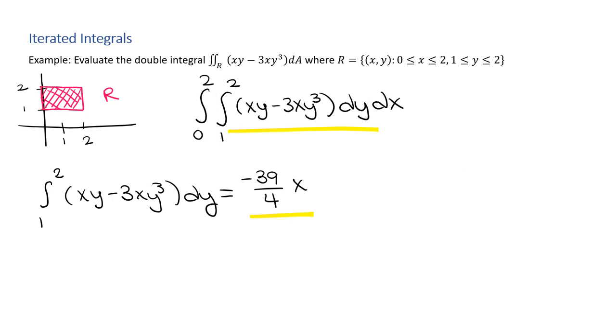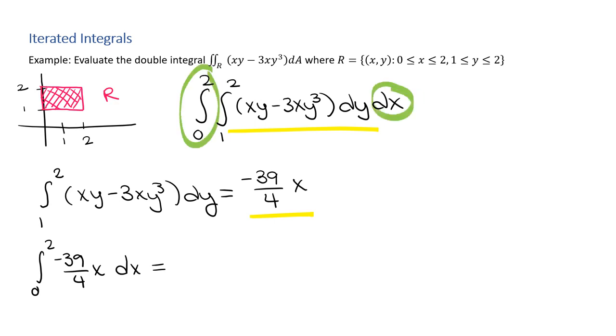And so now we are going to compute the integral from 0 to 2 with respect to x of that answer, negative 39/4 x. So we replace that inside integral, what I have underlined in yellow, with the negative 39/4 x. And now we just integrate with respect to x.